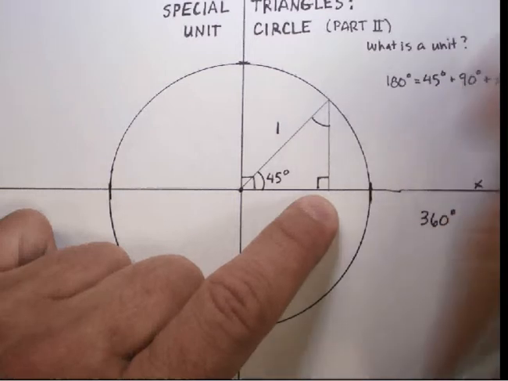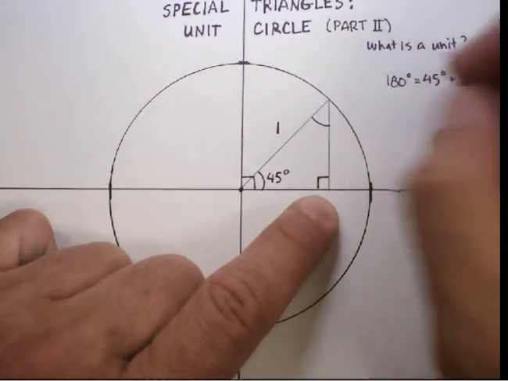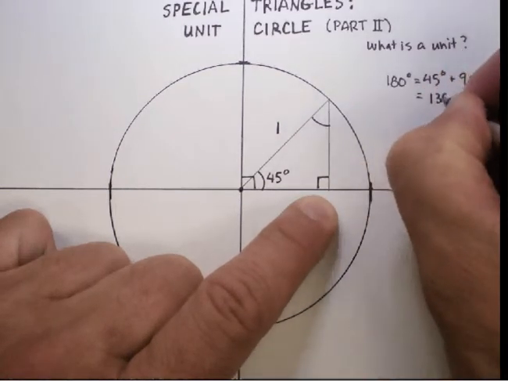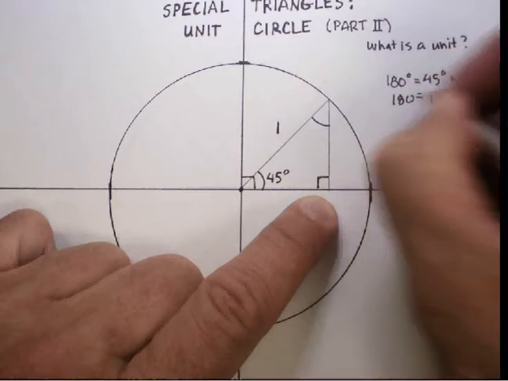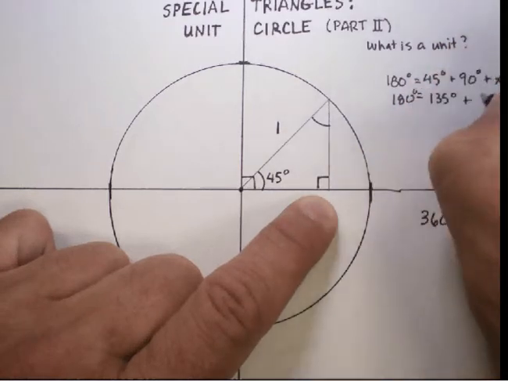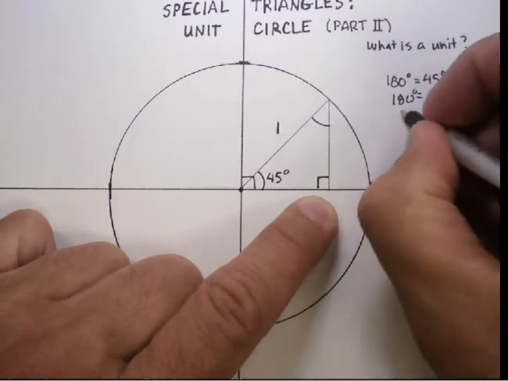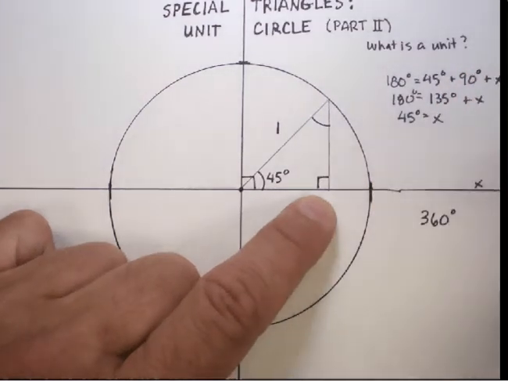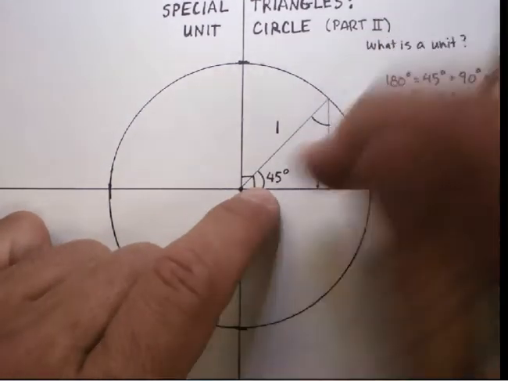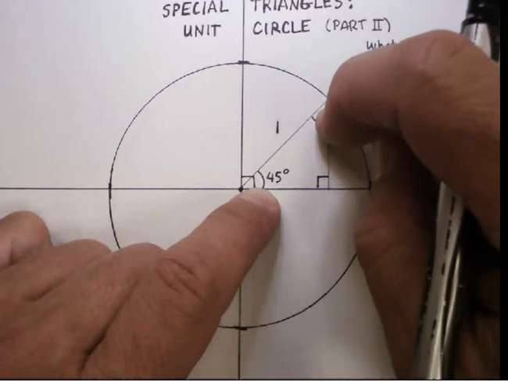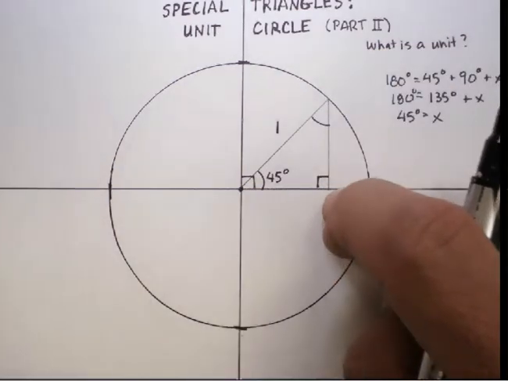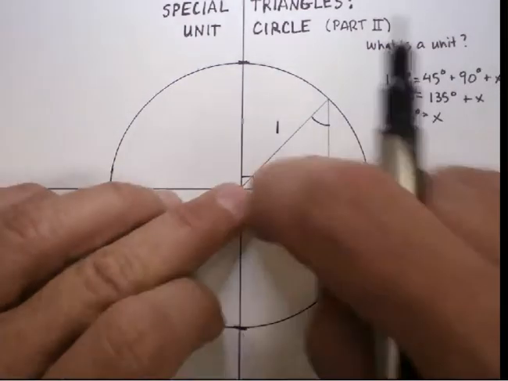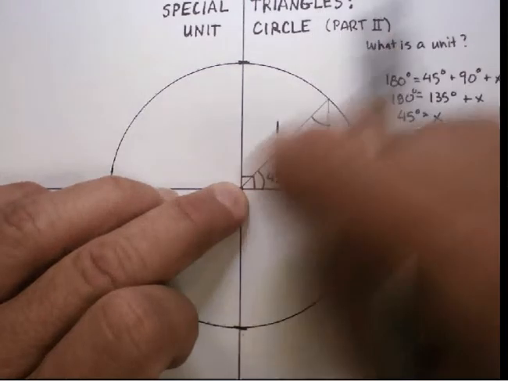To prove it to yourself, just add those up. You get 135, 180 equals 135 plus x. Subtract that from both sides and you get 45 degrees, again, is equal to x. So what we have here is a 45, 45, 90-degree triangle. We know that this distance is 1.